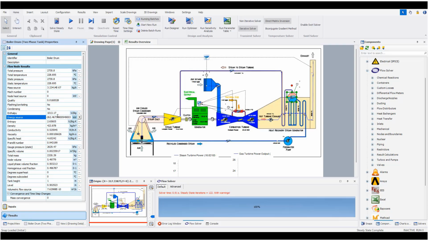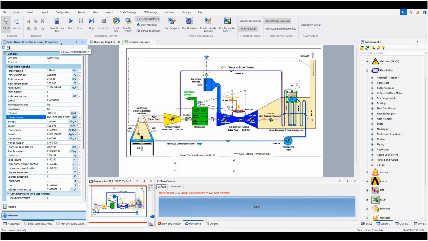It means that although we cover some heat from the hot gas pipeline, we need more here. So I'm going to use the designer here, with the goal to reduce this energy source to zero. In this way, we have better efficiency regarding the heat transfer in the boiler system.